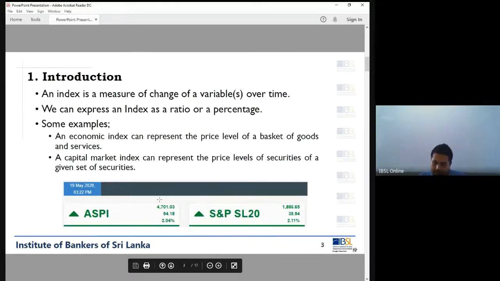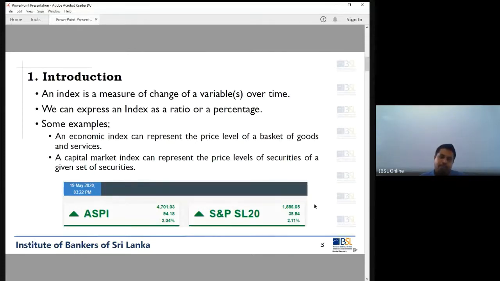The example I'm trying to bring here is that it doesn't necessarily need to be from year one to year two. Rather, every second, every minute, if you have data, you could do the same calculation for the index. The securities market index is a very good example, where you even have millisecond movements of the index from one point to the other.